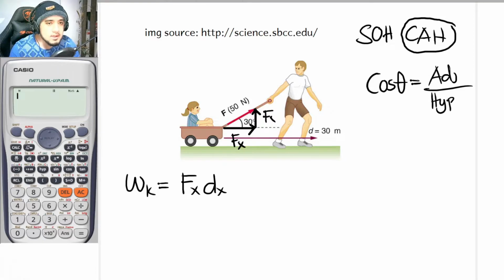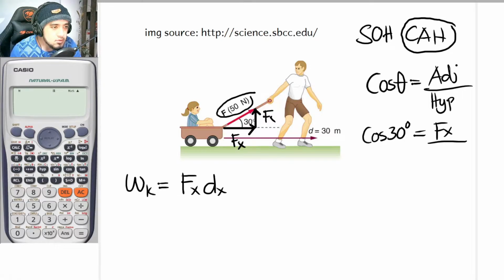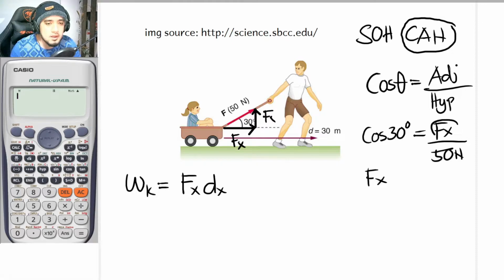In this case, cosine 30 degrees is equal to the adjacent side with your 30 degrees, which is basically Fx, divided by the hypotenuse, which is 50 newtons. Cross-multiplying to isolate Fx, Fx is equal to 50 cosine 30.